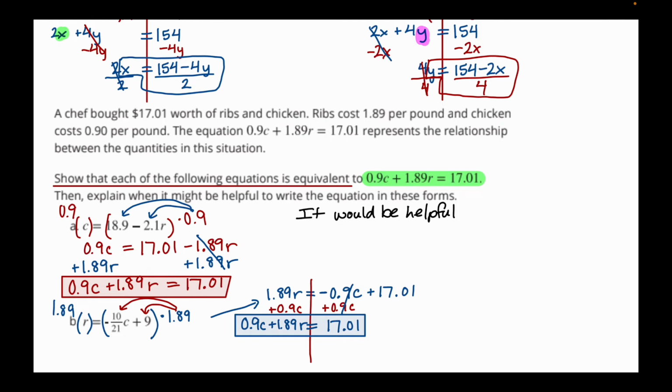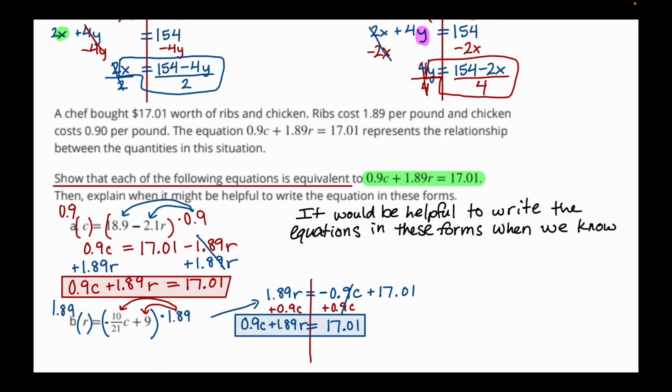So I'm going to say it would be helpful to write the equations in these forms when we know one variable value and want to find the other.